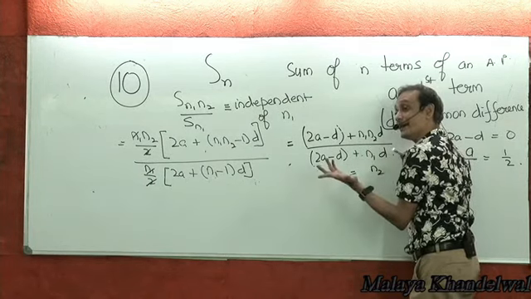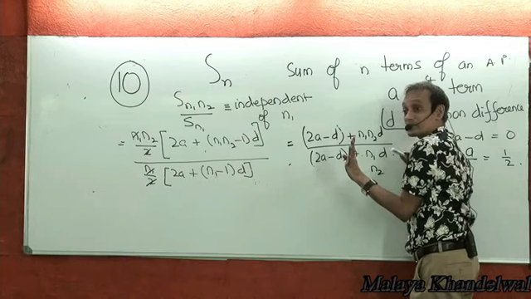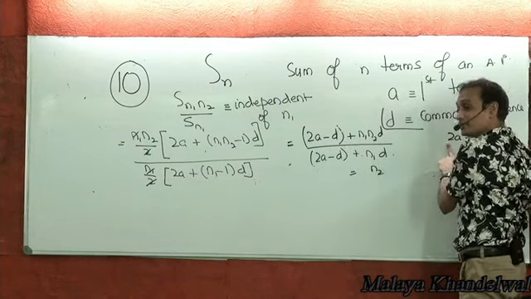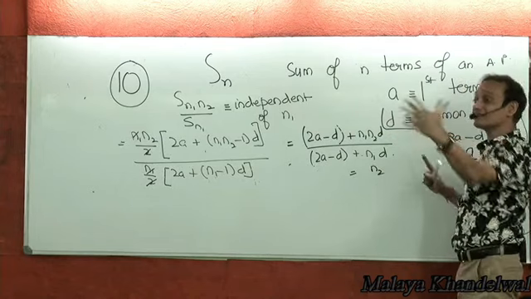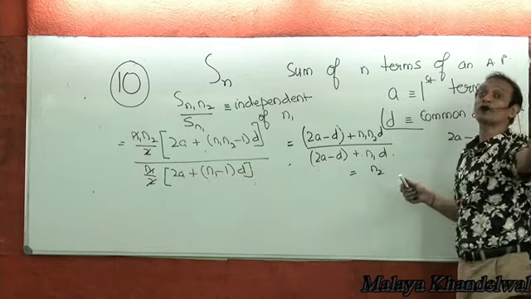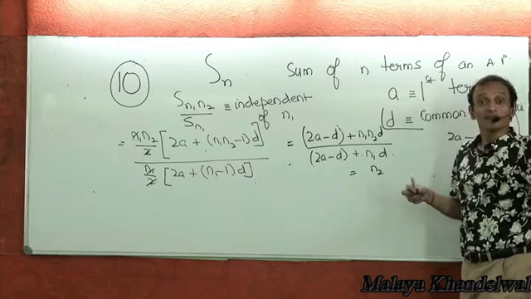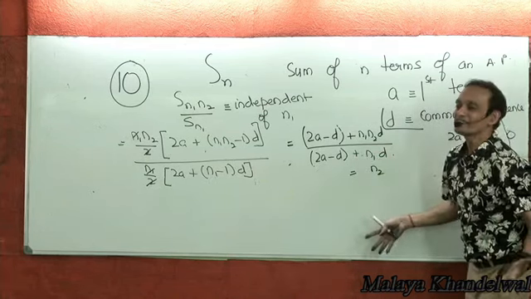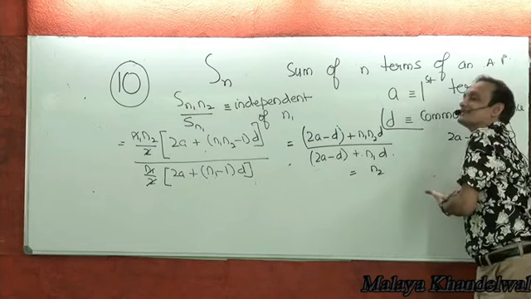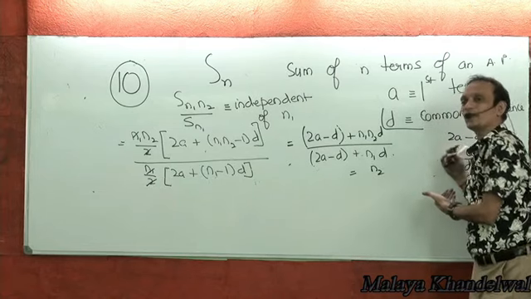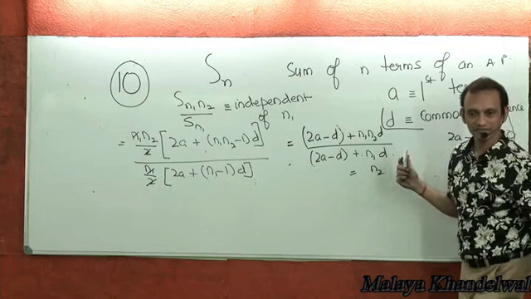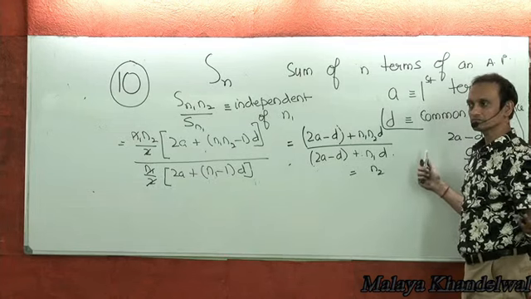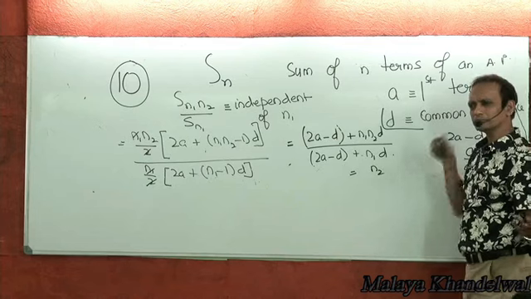That means this expression will become independent of n1 if 2a minus d was 0, that means if a by d was half. That is what we were modeling the problem for: find a by d so that this expression becomes independent of n1. A by d is half. 2a is d, a by d is half. Yes or no? Got me?